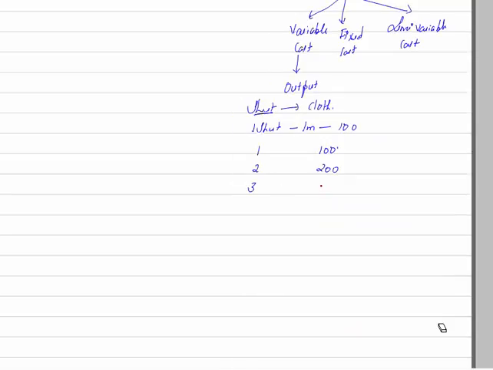If I manufacture three shirts, it will be 300 rupees, and so on. So if you observe here, when the output increases, the cost is also increasing, and when the output decreases, the cost is also decreasing. Those types of cost which are going to increase or decrease according to output are called as variable cost.